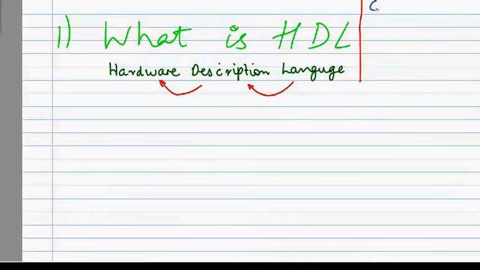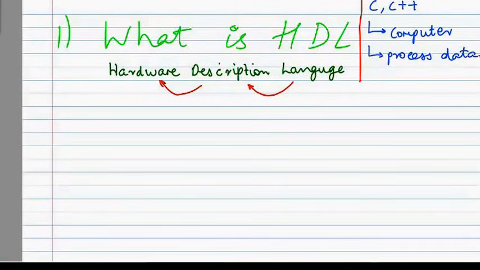Typically, you have seen languages such as C and C++, where you write a program and you tell the computer how to manipulate or process data. But again, this is for software.